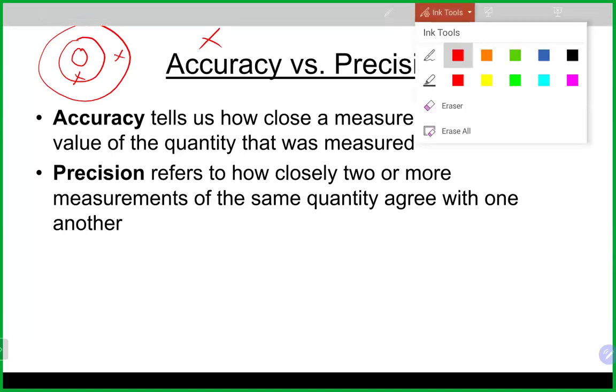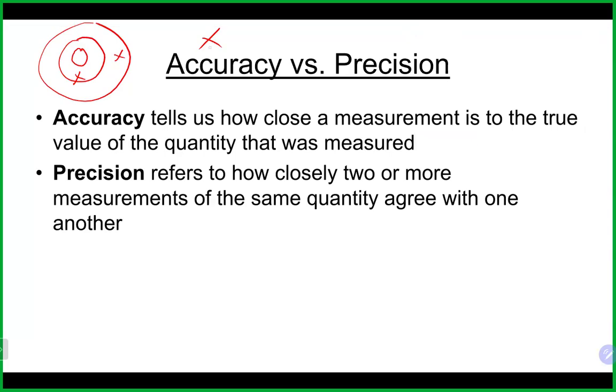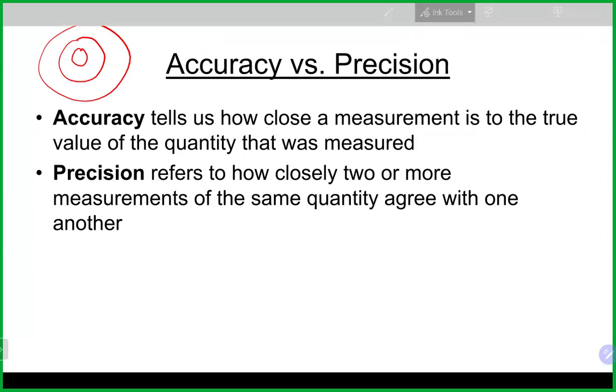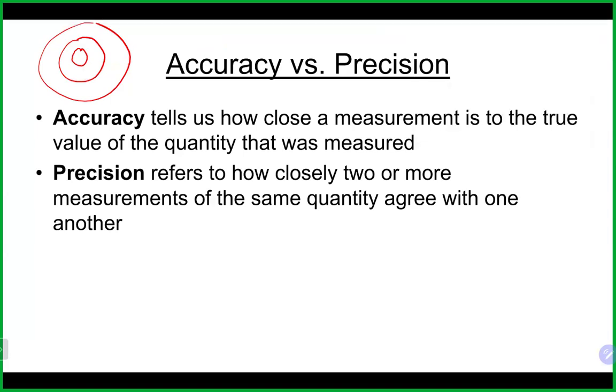So I take my darts up and go, we'll do a double or nothing type situation. Why not? I throw them again and I go boom, boom, and boom. Am I accurate? I am not, because again the goal is to hit the middle. Am I precise? Yes, I am precisely not accurate.